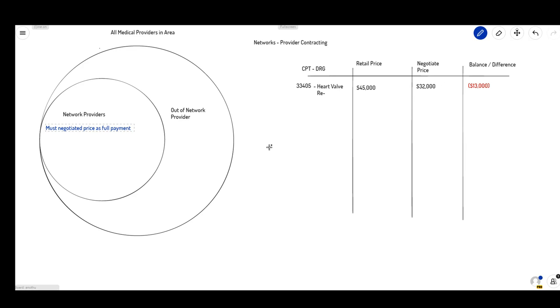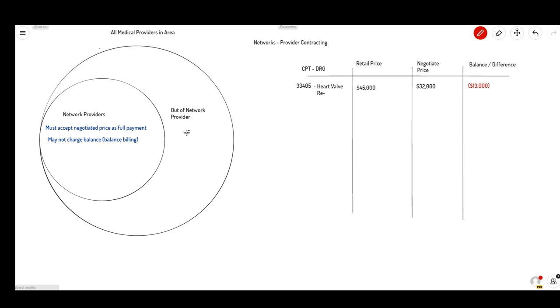It means that this provider, the network provider, may not charge this balance. They have to just write it off. So they must accept negotiated pricing as full payment. And to articulate it even further, they may not charge the balance. That's sometimes called balance billing. So they just have to write that $13,000 off.